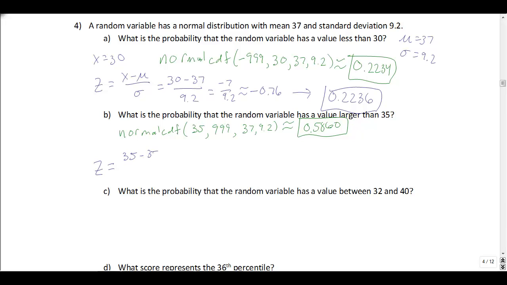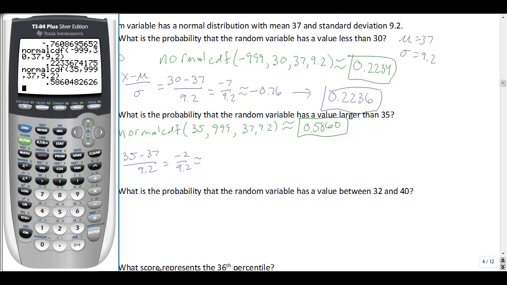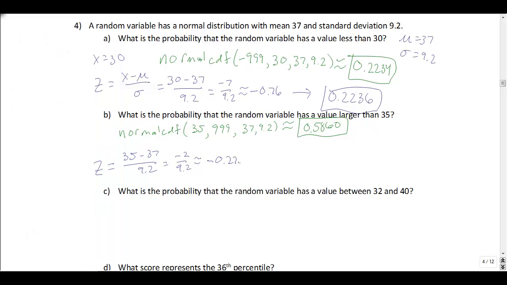Mu is still 37, over 9.2. So that's negative 2 over 9.2, which is approximately negative 0.22. I only really need to go to 2 decimal places because it's all my table has.